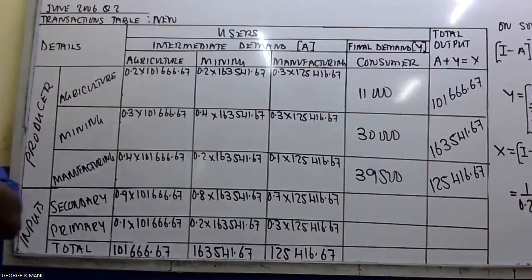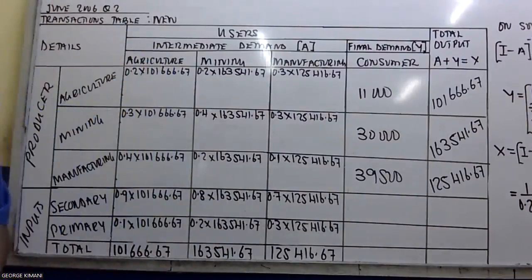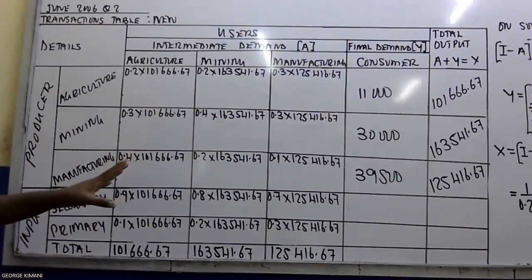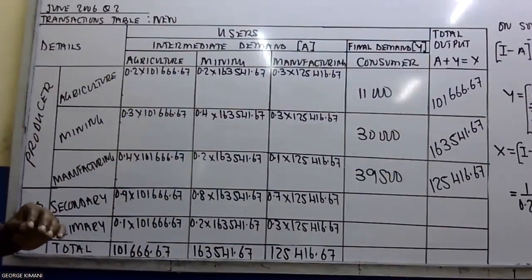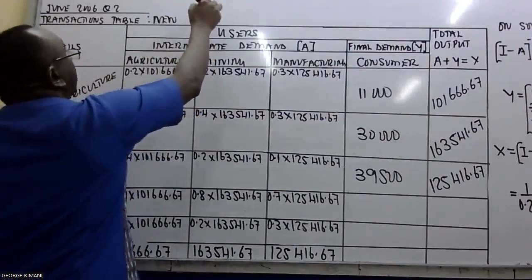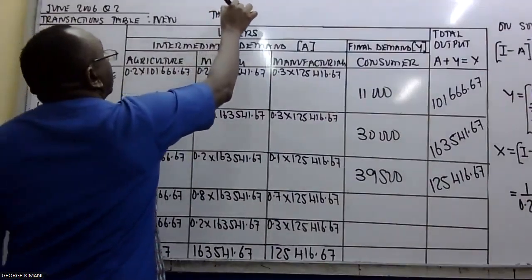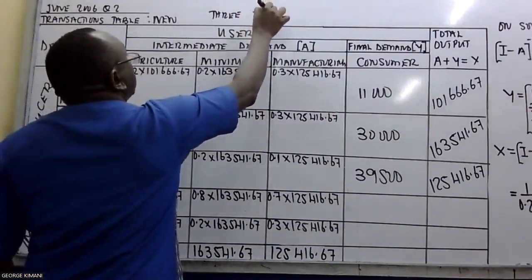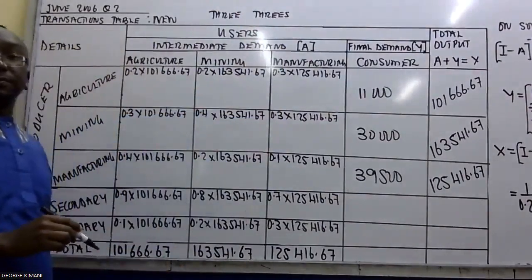Oh, you already through. The other thing that you need to note is this table is a makeup of 3 threes. 3 threes.